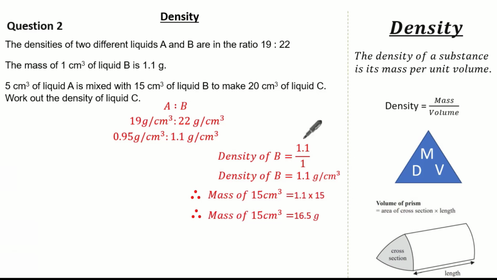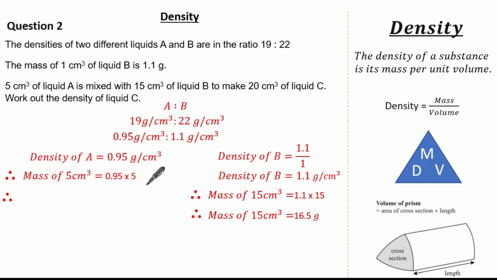Now we know the density of B, let's use the density of A. Well, I know the density of A is 0.95 grams per centimeters cubed. So now let's work out its mass. Well, its mass of 5 centimeters cubed would simply be the density multiplied by our volume, so it's 0.95 times our 5. Working this out identifies the mass of 5 centimeters cubed of liquid A to be 4.75 grams.